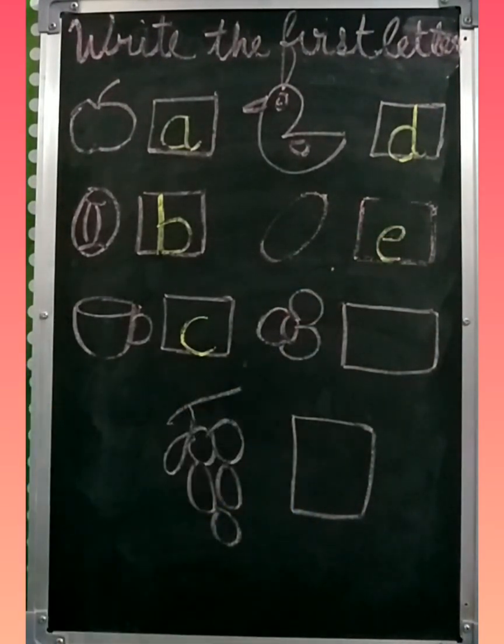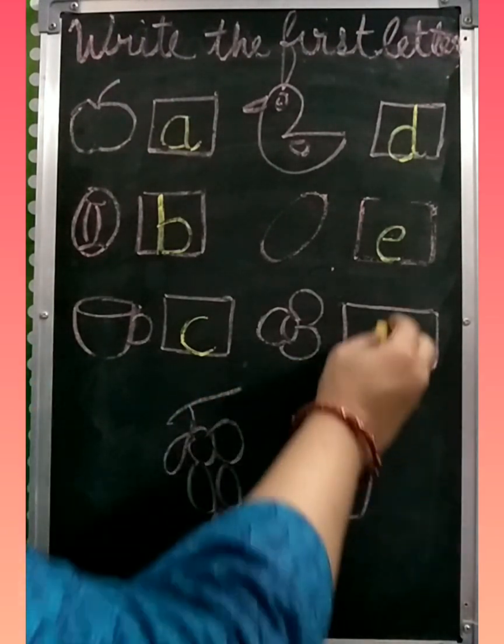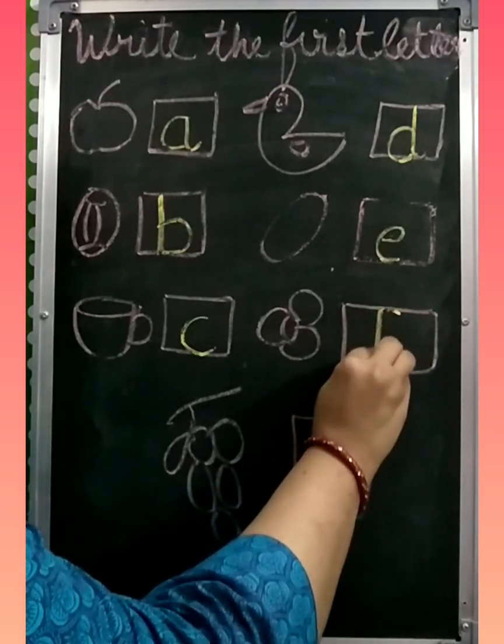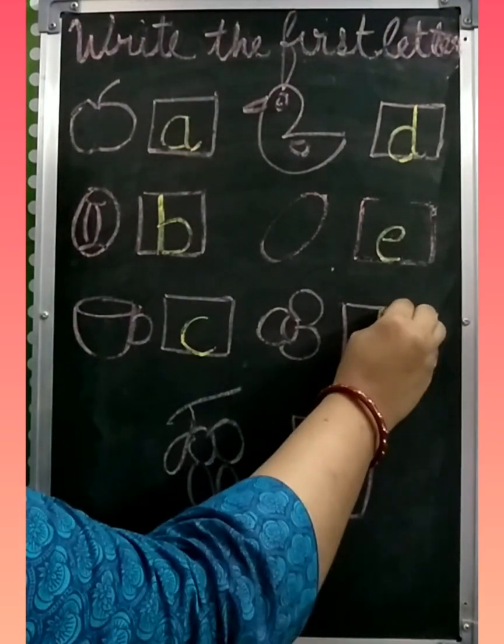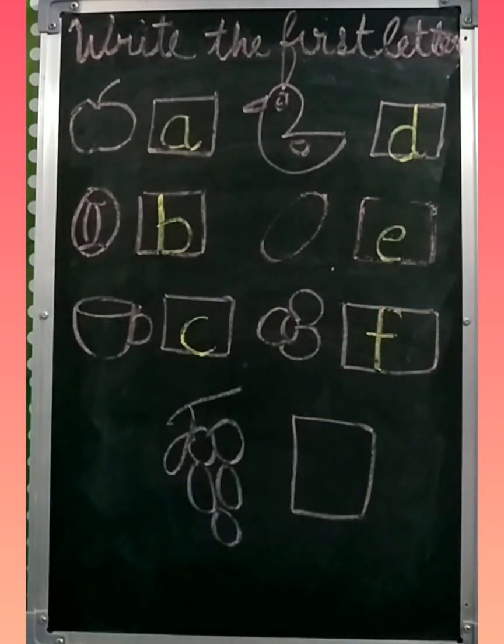Now, for flower. Which letter will come here? F is the sound of F. So we will write small f. Children, I hope you all have practiced how to write all these letters. Are you doing practice of writing? Please keep on practicing because this is very important.